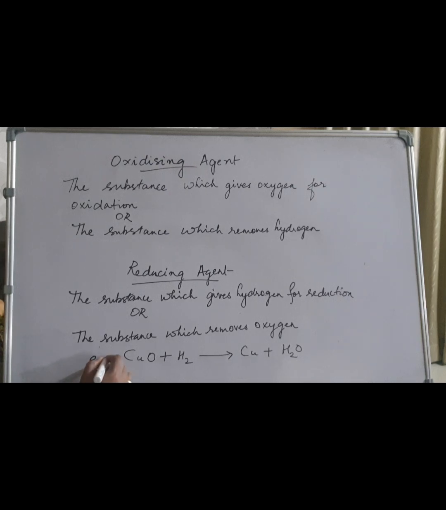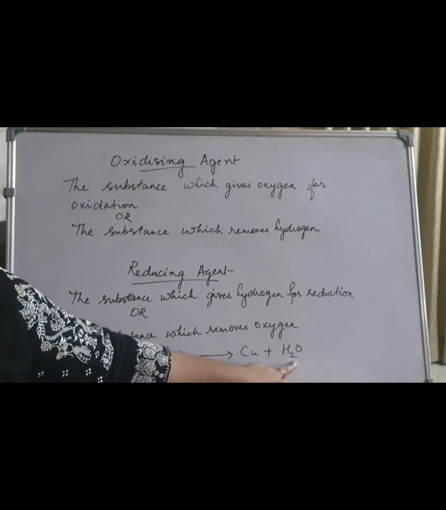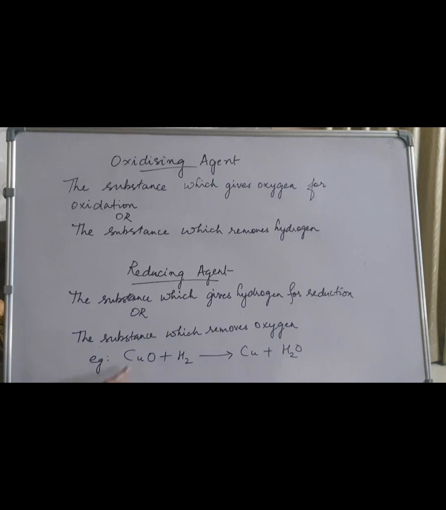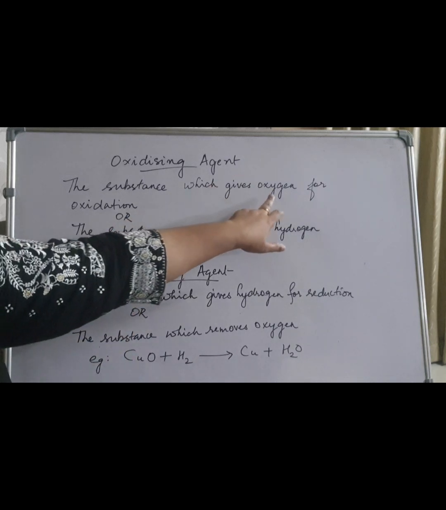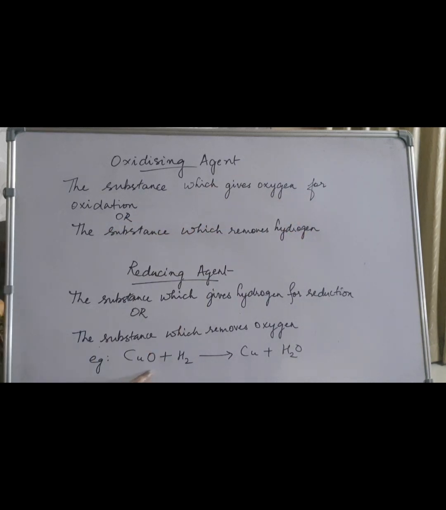You can see over here, copper oxide plus hydrogen gives copper and water. Okay, so here, for the substance which gives oxygen, you have copper oxide and here you have copper only. That means oxygen is being given out by which substance? By copper oxide.